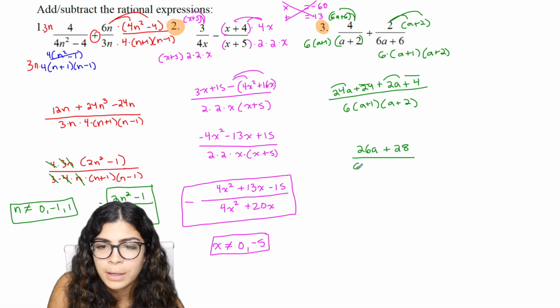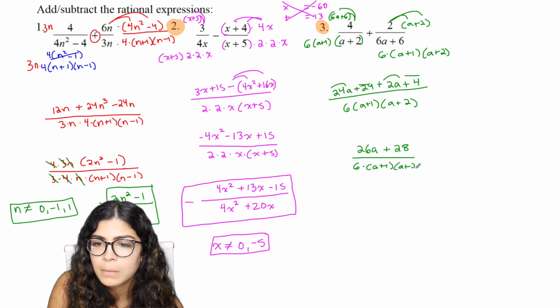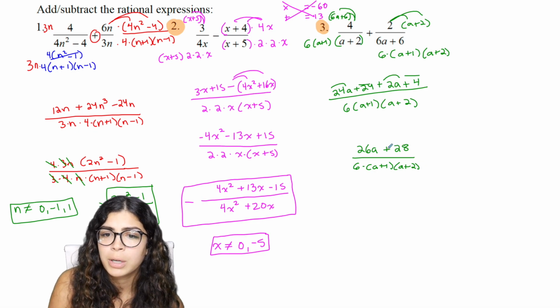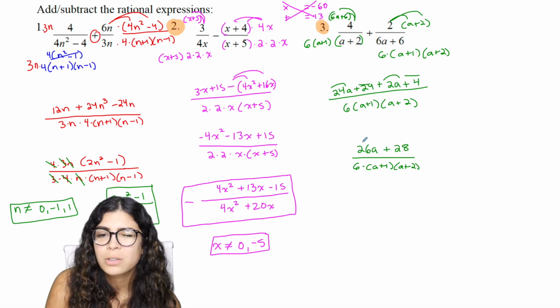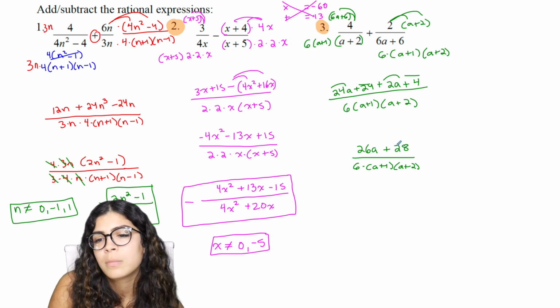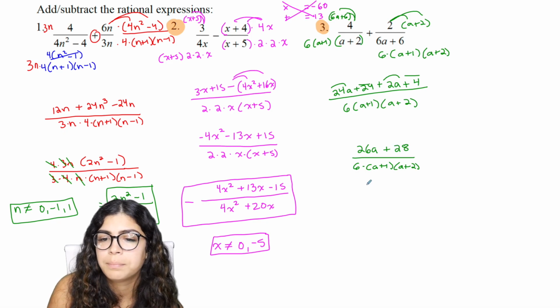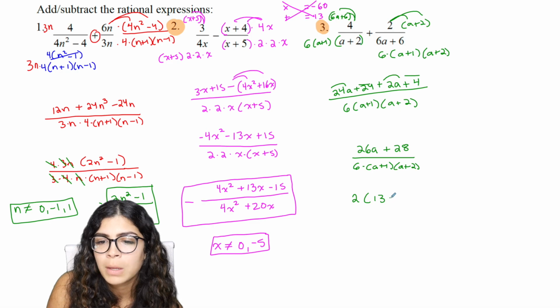And the denominator, again, I'm just going to leave that in the factored form. And I will need to factor the numerator. So a common factor of 26 and 28 is, let's try 2. So if I factor out 2, I would get 13a plus 14.